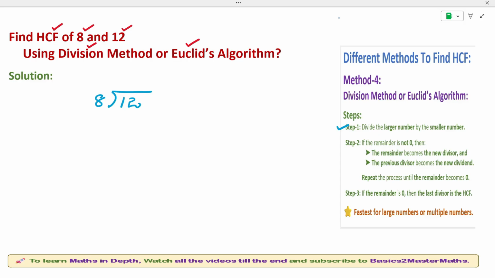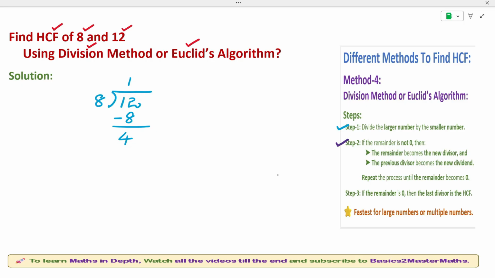In this case, when we divide 12 by 8, we get 1 as the quotient and 4 as the remainder. Step 2.